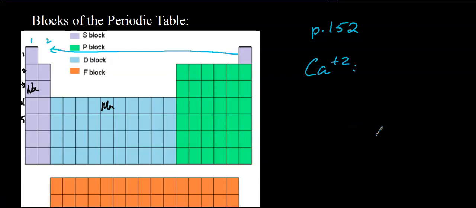So calcium ion has how many protons? That would be 20. How many electrons? That would be 18. What else do you know of that has 18 electrons? Argon. Remember, when calcium ionizes, it does so to become like argon, which is right here.